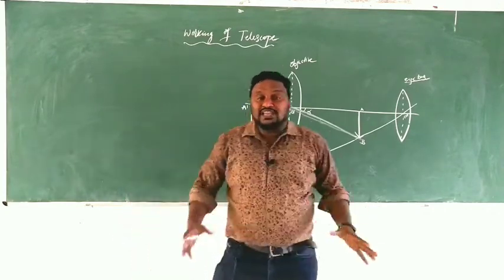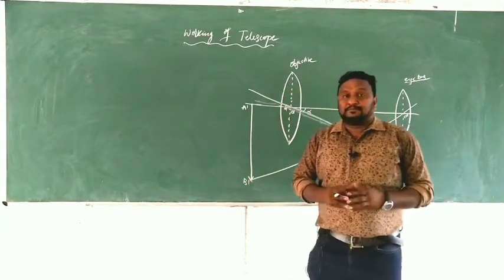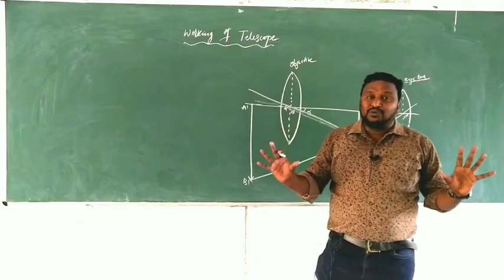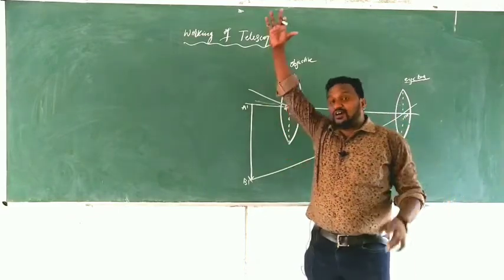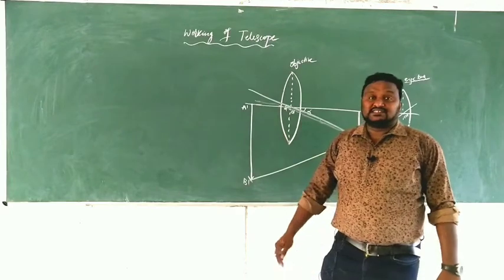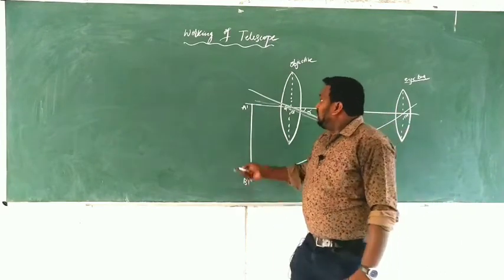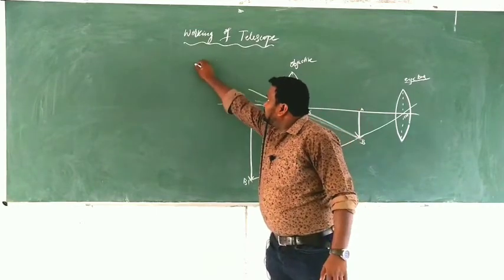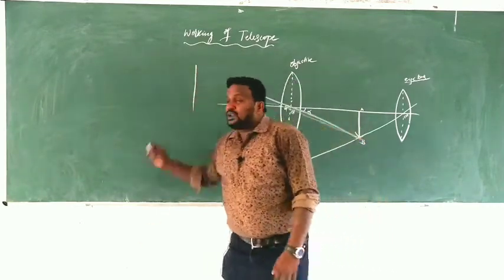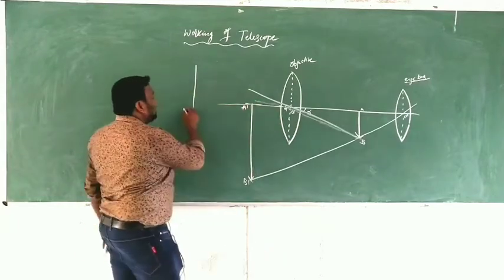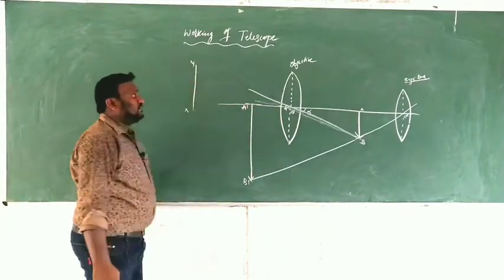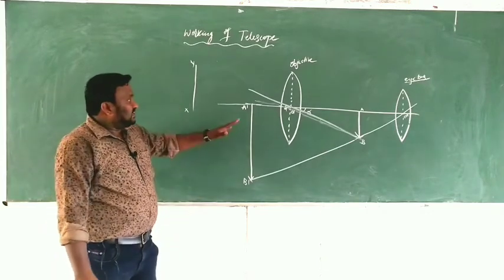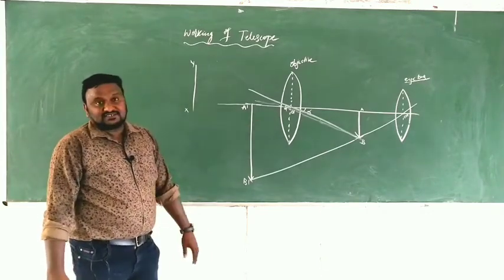We are not showing any object in this diagram because the object is far away from the object lens. Just imagine I am drawing it far away. For example, this is the object x y, which is very far from the object lens.